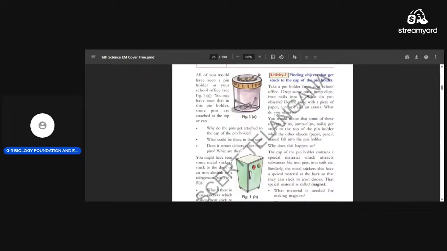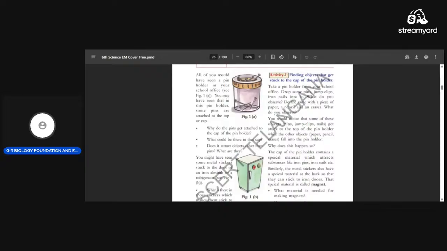So, why are the pins attached to the cap of the pin holder? There is a magnet. That is what we are going to learn. Then what could be in that cap? So for the three questions, the answer is a magnet.